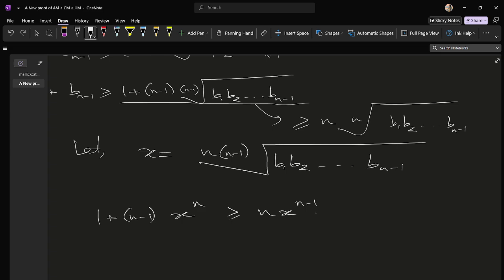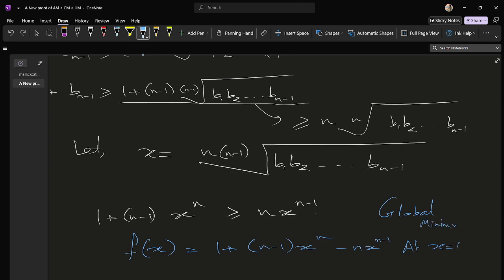So now we are considering a function f(x) equals 1 plus (n minus 1) x to the power n minus n x to the power n minus 1, which has a global minimum at x equals 1.